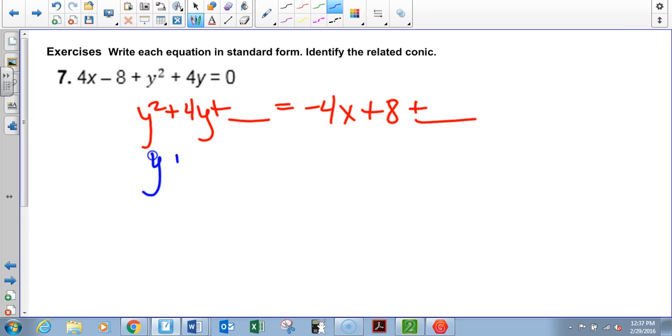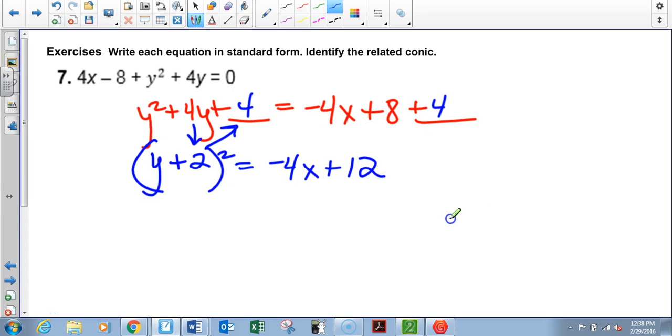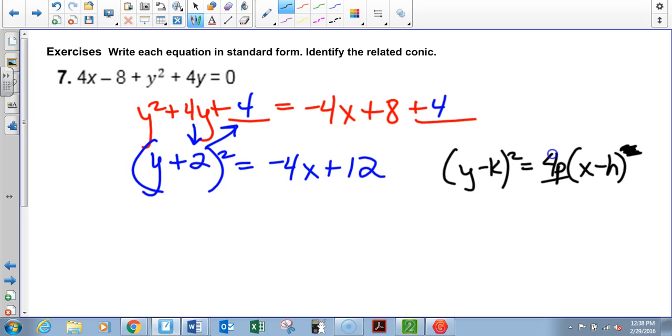Okay, completing the square here gives me half of 4y is 2, squared is a 4. So I have a negative 4x plus 12. This isn't really the form that they gave us. Do you remember? If we have (y minus k) squared, this is usually plain old (x minus h), no squared, my bad. And then this helped us find the focus at 4p. So what do we want to do here?